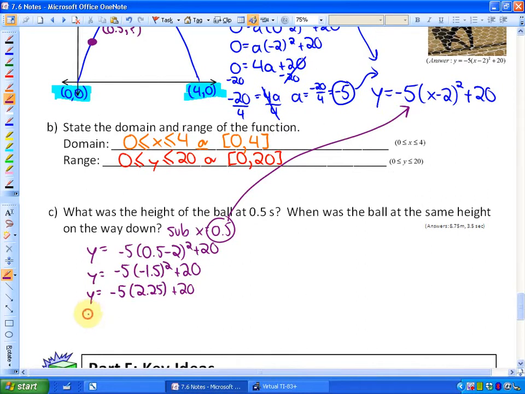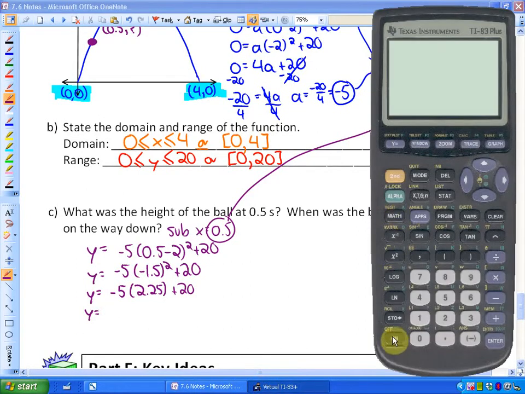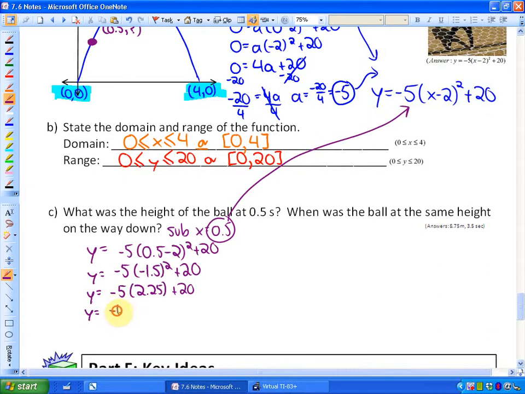Next, negative 5 times 2.25. 2.25 times negative 5 is equivalent to negative 11.25. And if we add 20 to that, we would get a height of 8.75 meters. That's our answer to this question.